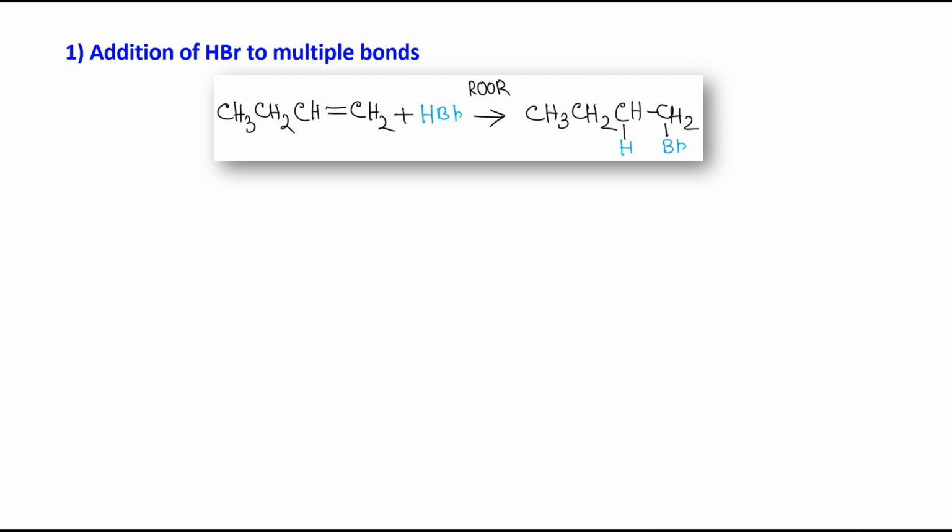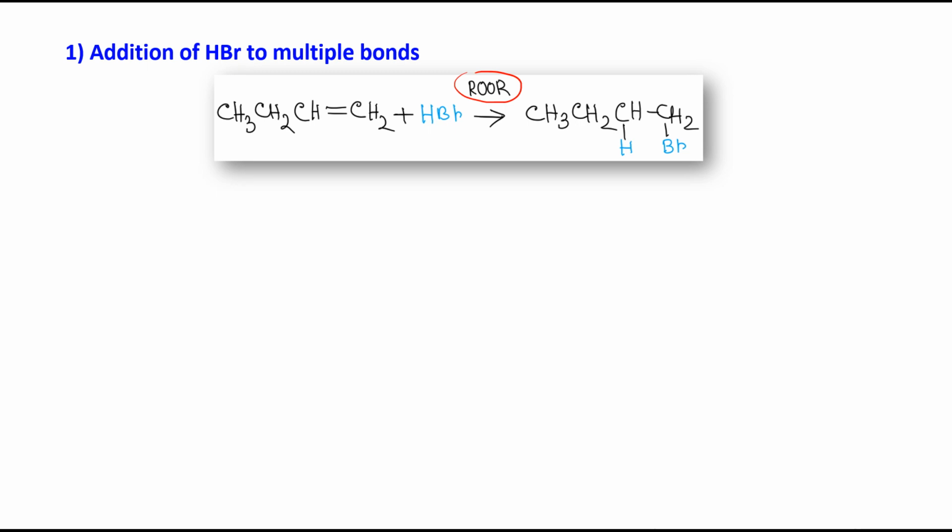So under this addition of radicals to multiple bonds, first we will see HBr addition to multiple bonds. Now if we do not have this, that is peroxide, then it will be simply addition of HBr to this CC multiple bond, and that is mostly according to Markovnikov. But when we have peroxide, it is anti-Markovnikov, and I have selectively taken HBr because this anti-Markovnikov addition is observed only for this, and why it is not observed for other HX, that is HCl, HF, HI.